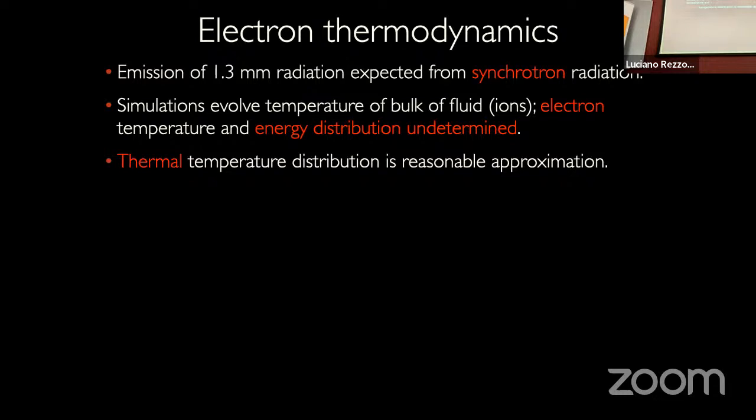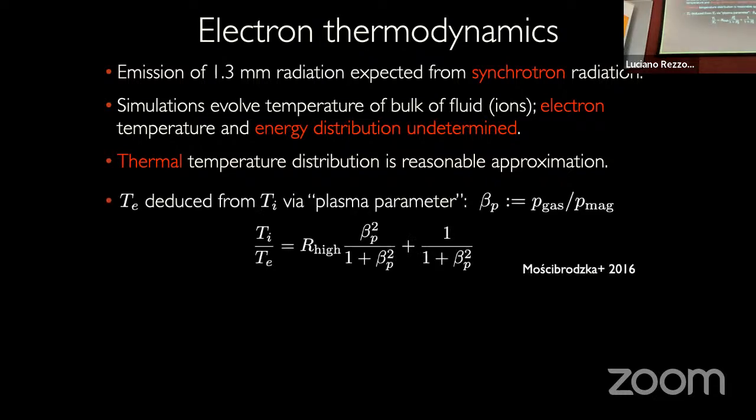So what distribution? Well, you make your life easy and you say it's a thermal distribution. But then you still need to give a temperature to the electrons, and what you have is the temperature of the ions. So what you can do is calculate this systematically, consistently from your simulation.